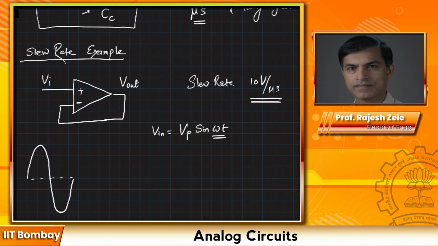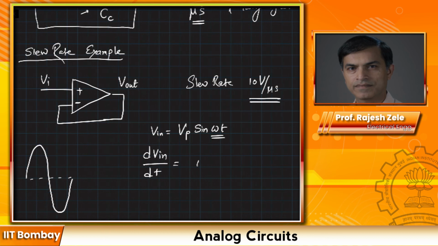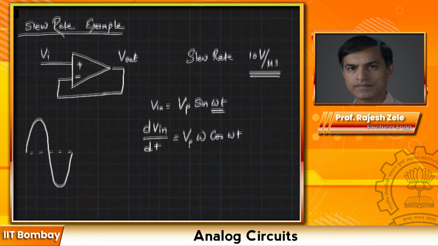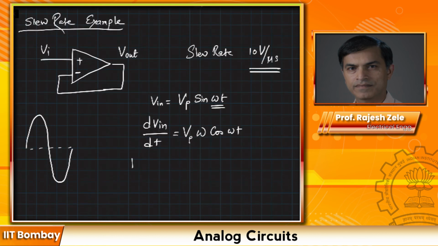So the maximum slew rate dVout/dt, in this case, would be dVin/dt maximum. The maximum value of cos omega t is going to be 1, and that would happen at omega t equal to 0, 2 pi, and so on.